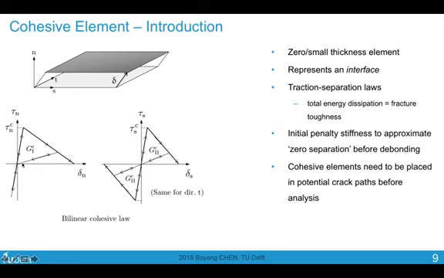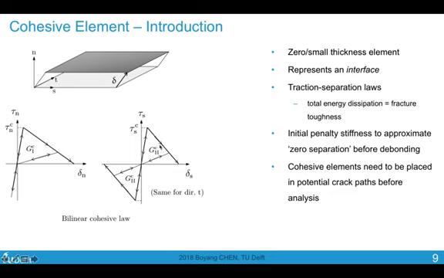When the opening arrives at a certain critical level, or the traction reaches the critical strength of the interface, damage starts to occur, and then your traction would start to decrease. As your opening grows, the traction decreases further, and upon reaching a certain critical level of opening, the traction reduces to zero.